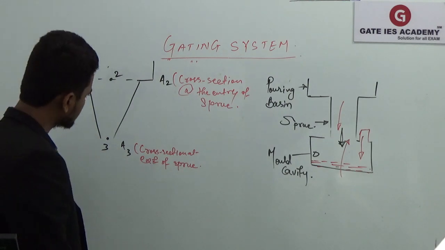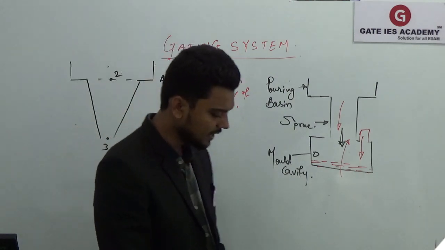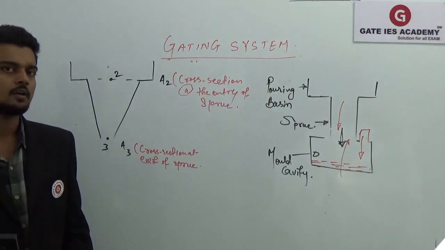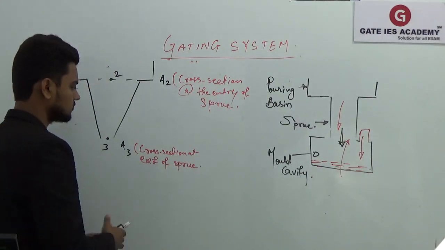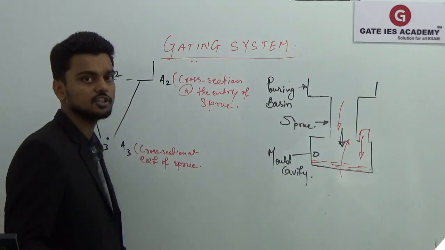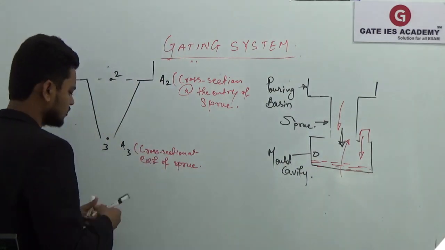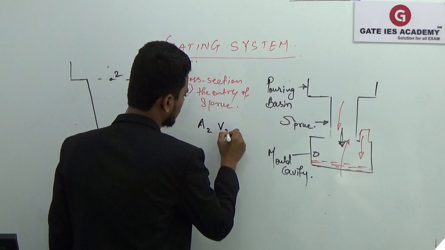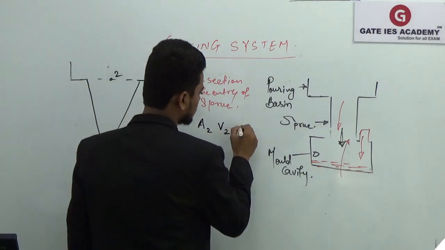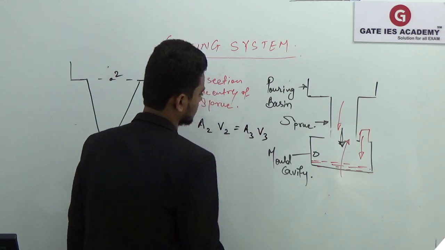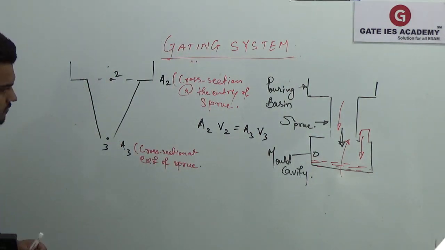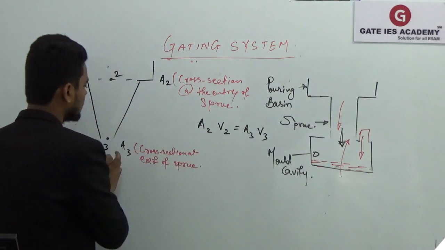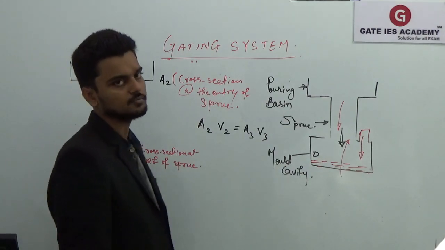Now we know the flow behavior of the molten metal in this gating system is given by Bernoulli's equation, and we can also use the equation of continuity. By using the equation of continuity, I can write A2 V2 equal to A3 V3, where V2 is the velocity of the molten metal at the entry of the sprue and V3 is the velocity of the molten metal at the exit of the sprue.